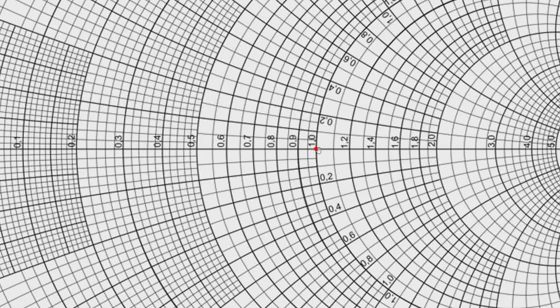Let's say it's 48 ohms, and we're using RG8, which has a characteristic impedance of 50 ohms. The way we normalize that number is to take the actual impedance, 48, and divide it by the characteristic impedance, 50, and that would give us the normalized impedance.